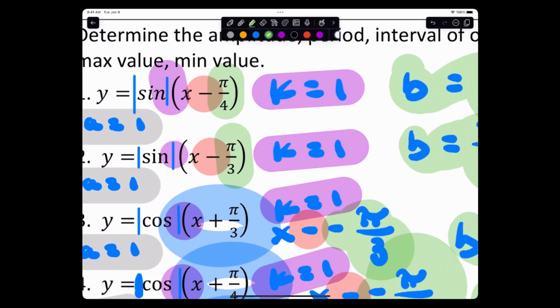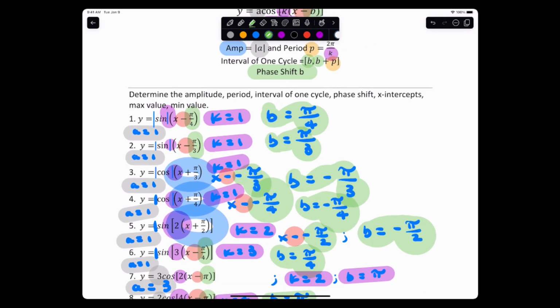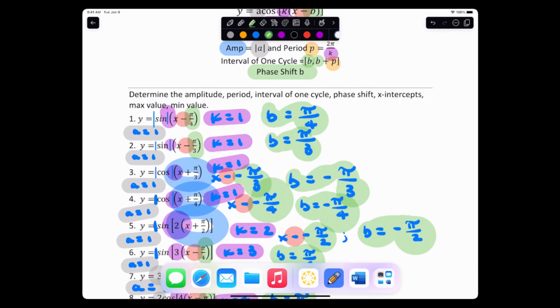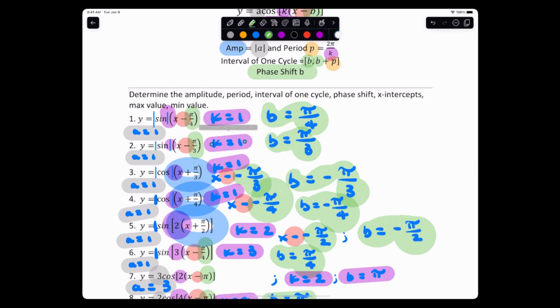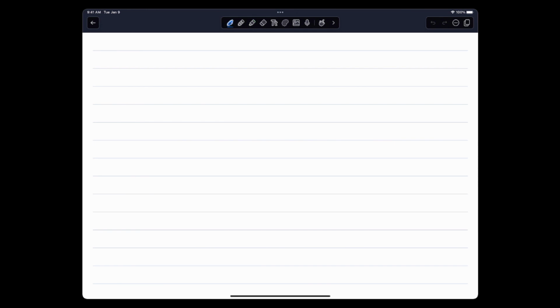So to graph number 1, I'll put it over here.